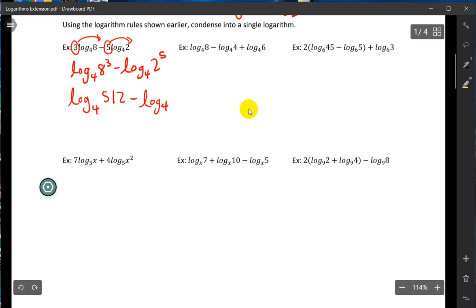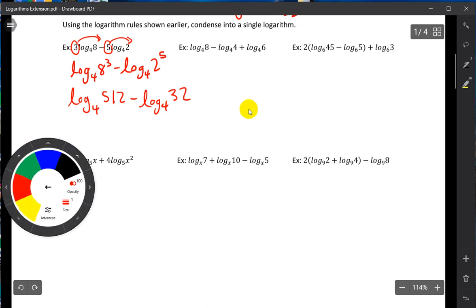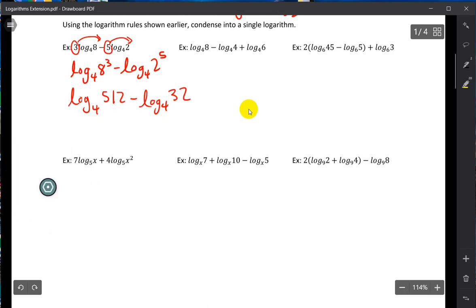And 2 raised to the 5th is 32, so this is log base 4 of 32. Now we can go ahead and simplify this. We're going to use division because we have a subtraction sign here. So log base 4 of 512 divided by 32.